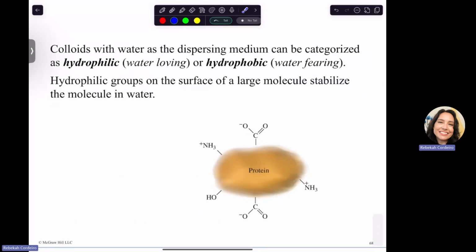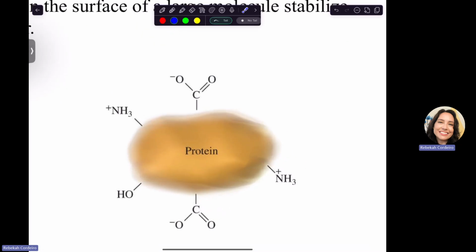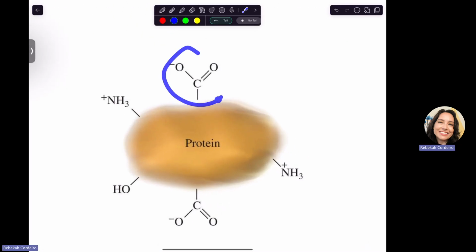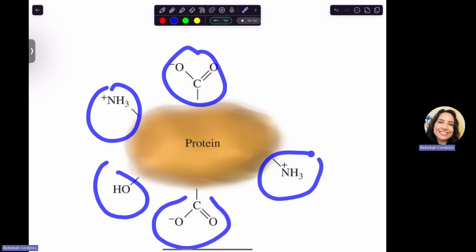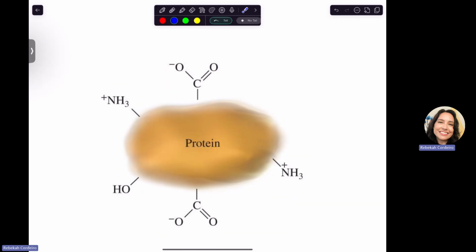Colloids can be categorized as hydrophilic or hydrophobic. Hydrophilic means water loving, hydrophobic means water fearing. And this is how a lot of our biochemistry happens, right? Hydrophilic groups on the surface of large molecules stabilize the molecule in water. What do you notice about these hydrophilic groups? Notice that they have things that are similar to water. They've got ions, they've got charges, or they've got hydrogen bonding, and that's something that water understands.